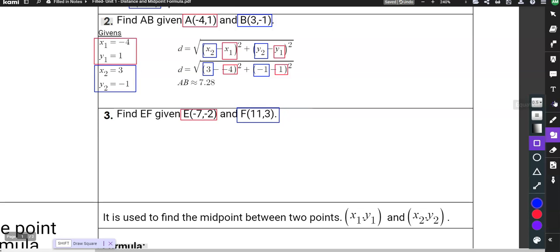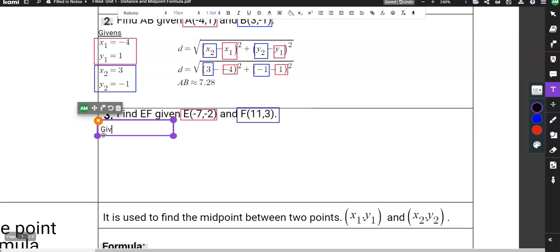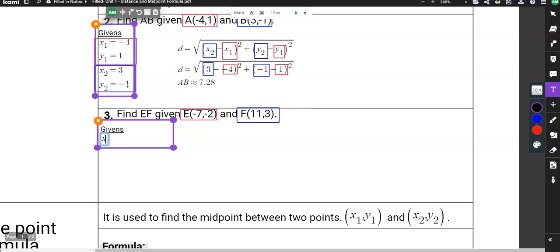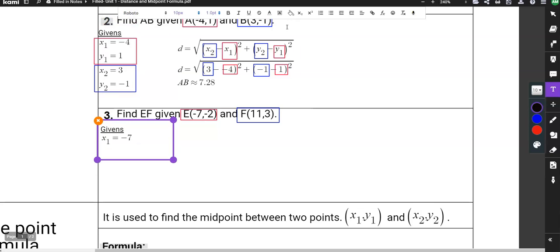Number 3, we have find EF, given that E is -7, -2, and F is going to be 11, 3. And all we're going to do is start by listing our givens. Every problem, every time. This is not just for this class. I promise this is going to be helpful to you in future classes as well. So our first x value is going to be -7, and our first y value is going to be -2.